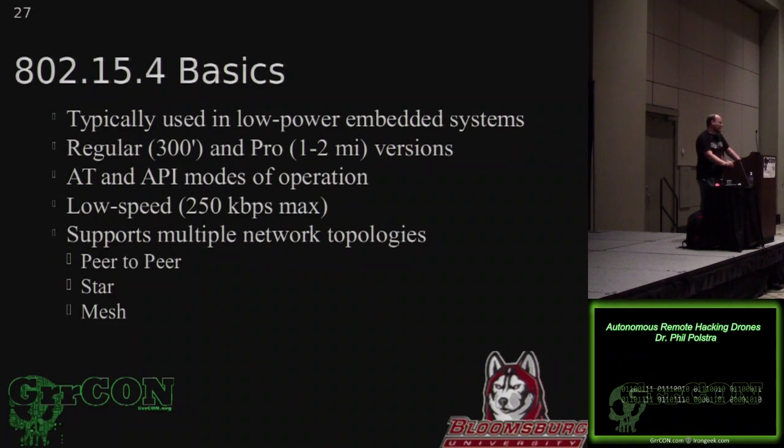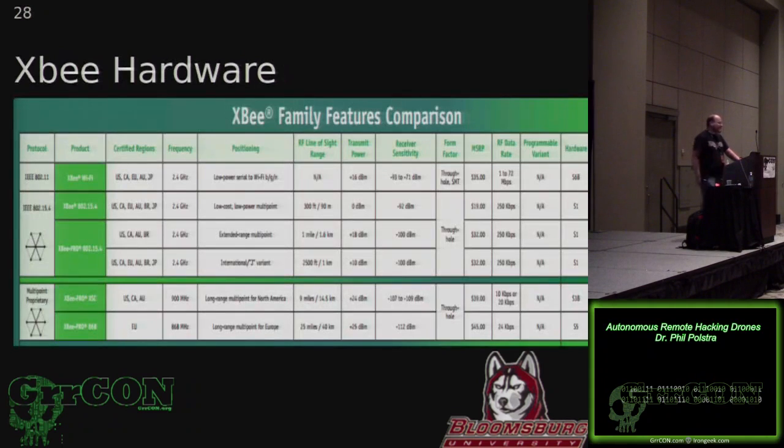Or you can kick it into an API mode where you have to program it, and it's using packets, and that's probably what you want. Fairly low speed, but very flexible. You can set it up in a peer-to-peer network, star network, mesh network. Lots of different options available.